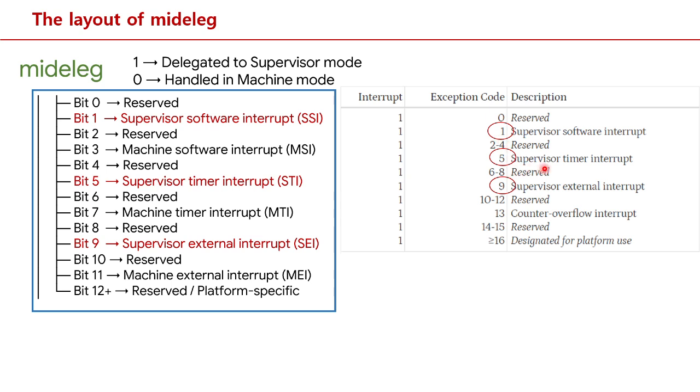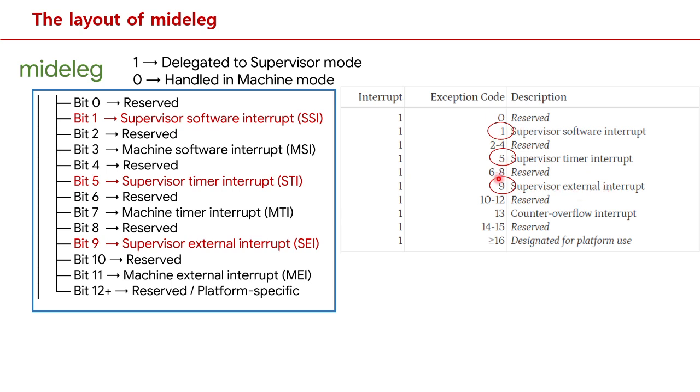As for the supervisor timer interrupt and the supervisor external interrupt, the value 5 can be updated to the scause register, and the value 9 can be updated to the scause register. So these values 1, 5, 9 correspond to the supervisor software interrupt, the supervisor timer interrupt, and the supervisor external interrupt.